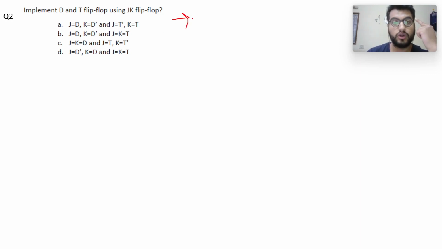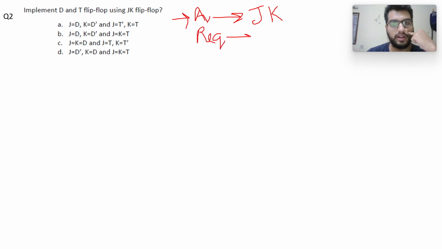The available flip-flop here is JK, and after available we have to find the required. So required are D and T. So we have to do 2 conversion problems for D and T using JK, right? So point 1 is done. Point 2 is to write the characteristic table of the required flip-flop.